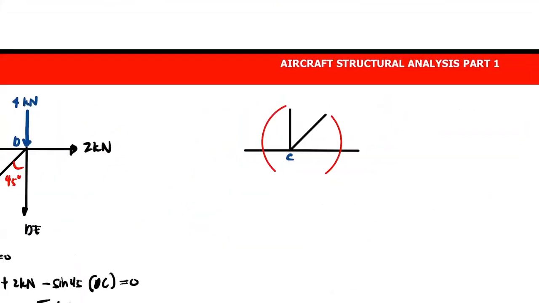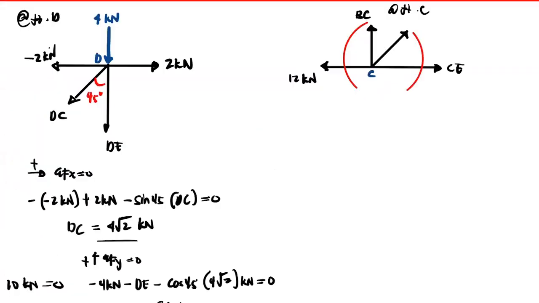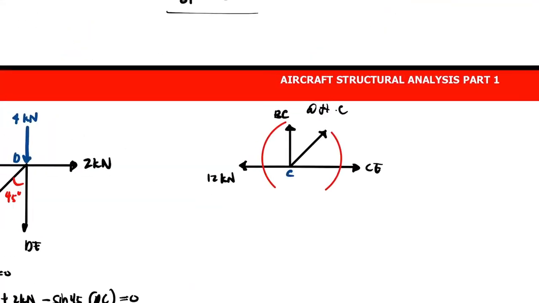So, sa joint C, we have joint C. So, meron tayong member AC na nakuha natin kanina na 12 kilonewton. Meron tayong member CE. Meron tayong member BC. And member DC, 4 square root of 2 kilonewton. So, this is 45 degrees angle.